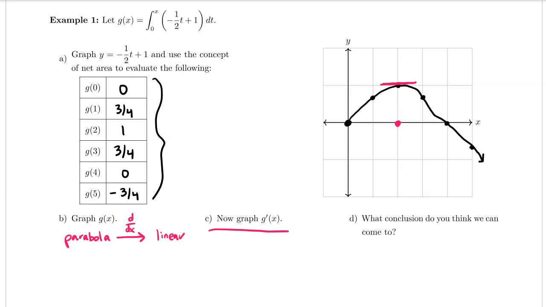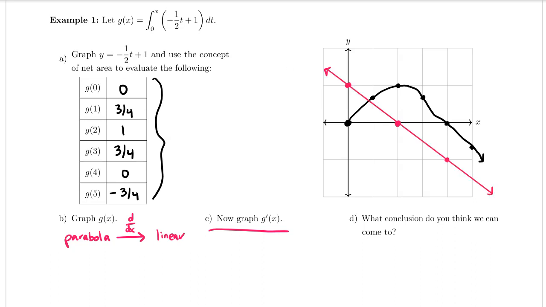So if I'm looking now at some other x values, if I plug in 1, I can see that my tangent line has a positive slope. And when I plug in 3, I should see that my tangent line has a negative slope. Do you have an idea where we're headed with this?